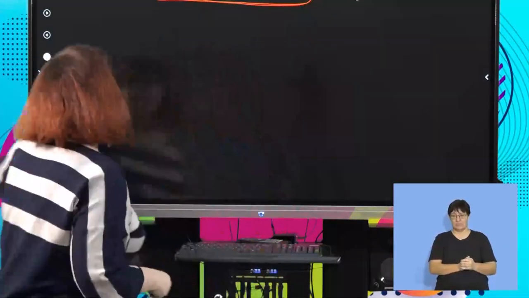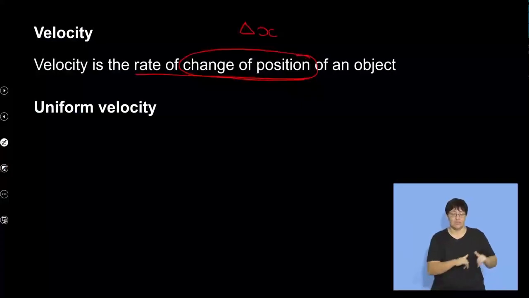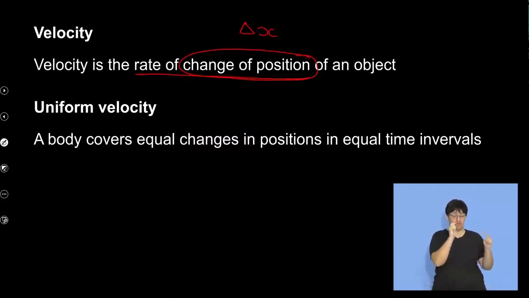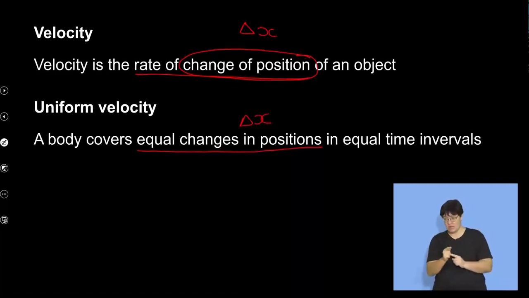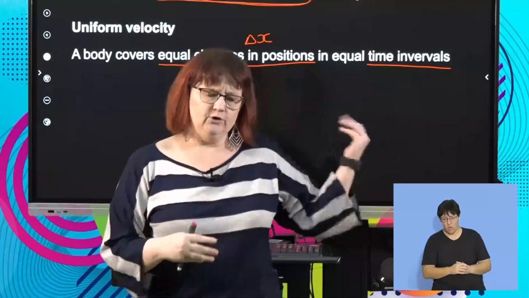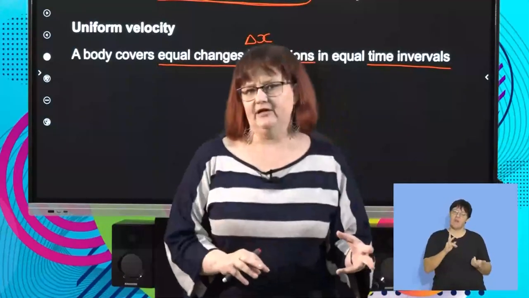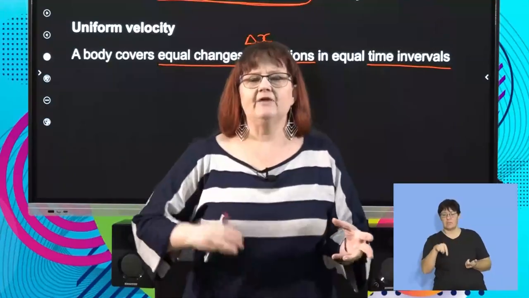Okay? Of course, then we can have uniform velocity, which means equal changes in position over equal time periods. And here it'll sound the same. So if I say we had an average speed of 5 meters per second, or a uniform speed, I can also have a uniform velocity of 5 meters per second, but I have to tell you the direction.